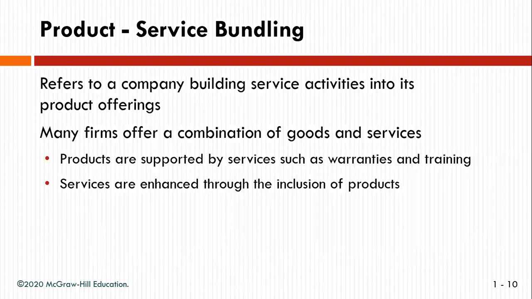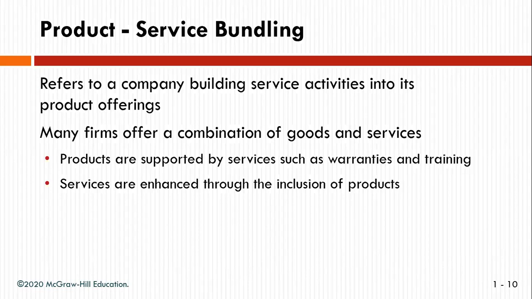Now, if we want to talk about product service bundling, as we said, it refers to a company building service activity into its product offering. You'll probably find a lot of products that come with service.